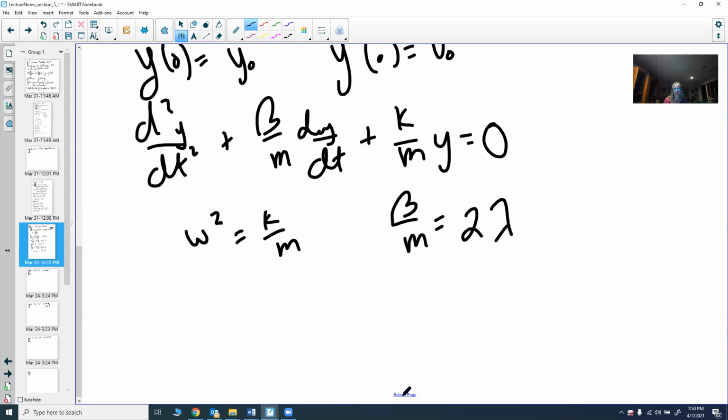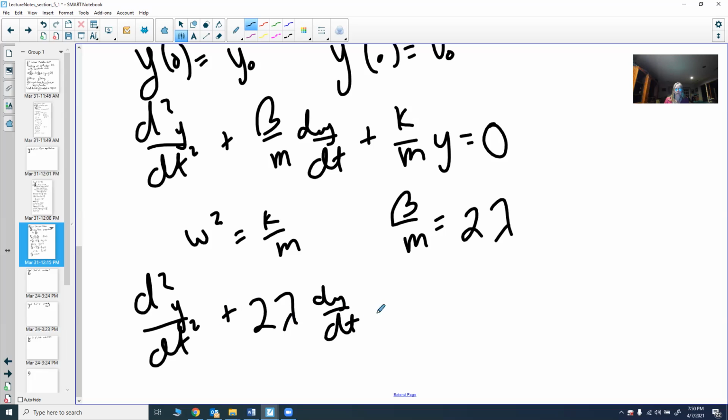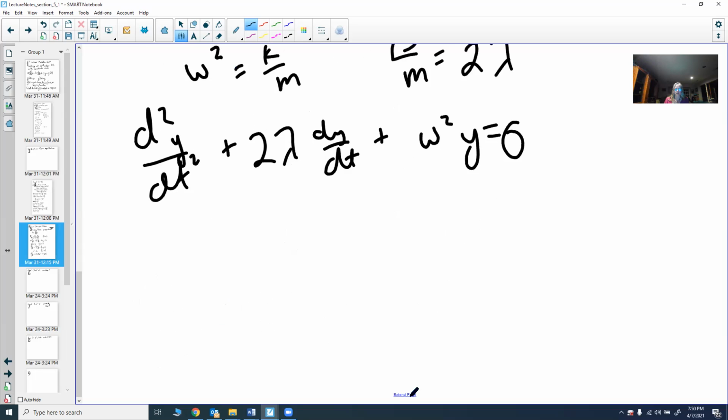And you'll see why the 2. A lot of times what we do is we pick one variable for something, and then we realize, oh, it'd be a lot easier if it was this. It just makes our mathematics a little bit easier to deal with. So we now get the second derivative of y plus 2 lambda times the first derivative of y plus omega squared times y equals 0.